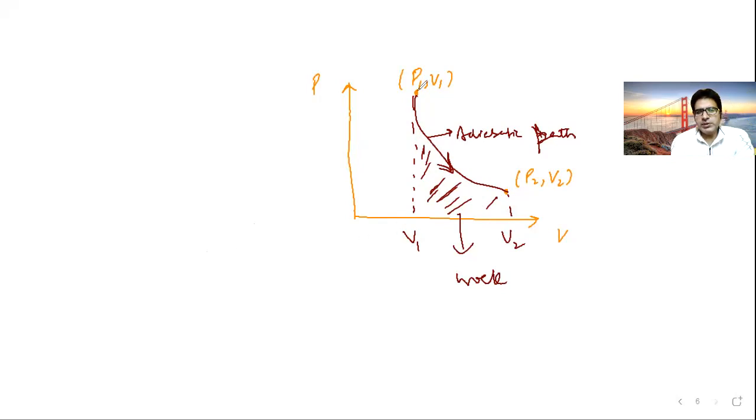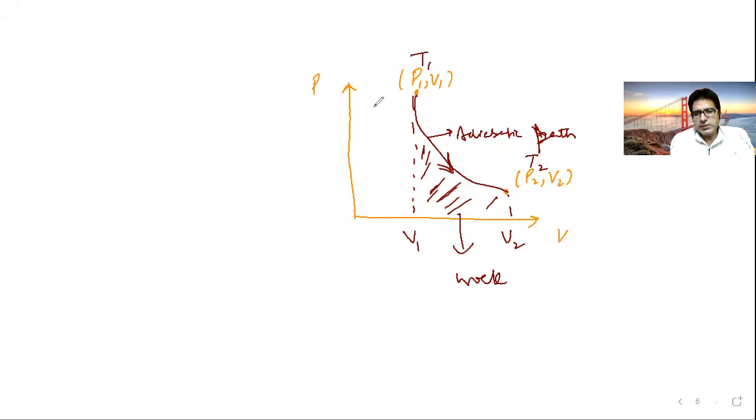We know here temperature will be large, here temperature will be less, because along adiabatic path temperature decreases when gas expands. So let temperature here be T1, temperature here be T2, right? There will be an isotherm corresponding to every temperature. There will be an isotherm corresponding to T1 and isotherm corresponding to T2.